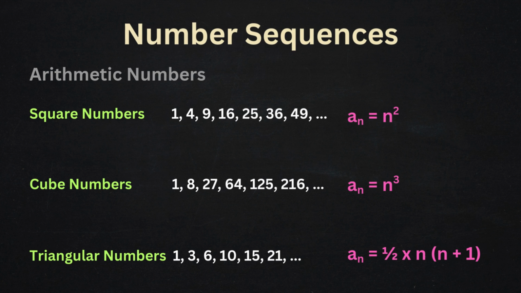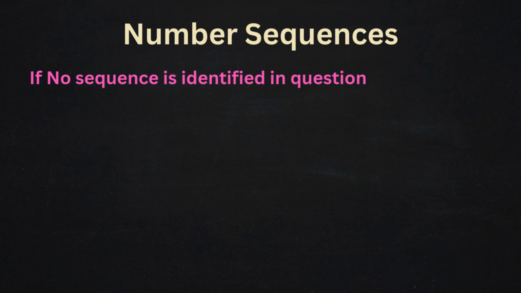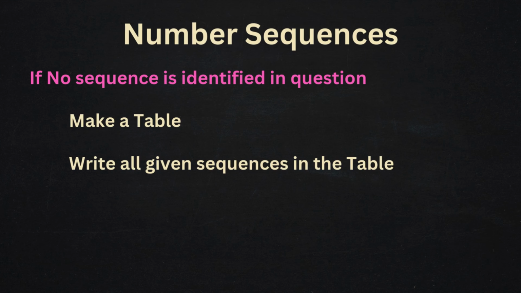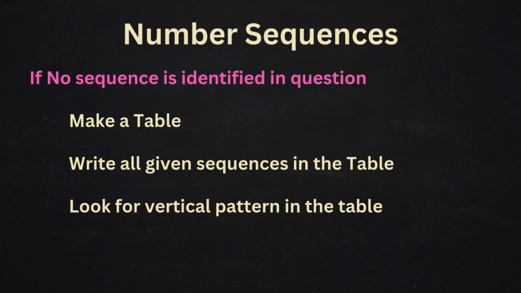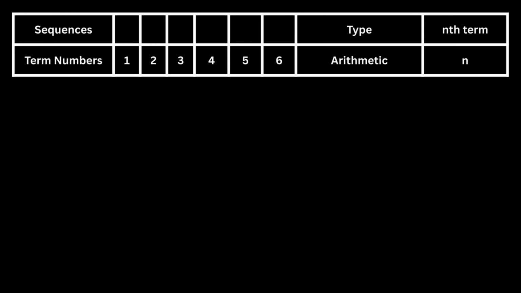Okay, if the sequence given is not from arithmetic, square, cube, or triangle numbers, then in such a scenario, you make a table and include all the sequences of the questions in the table. Then look for a vertical pattern. The first row will always be 1, 2, 3, 4, 5, 6, up to n.